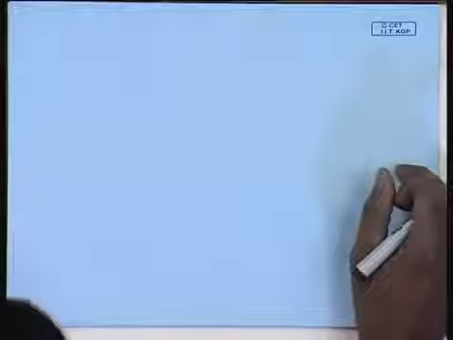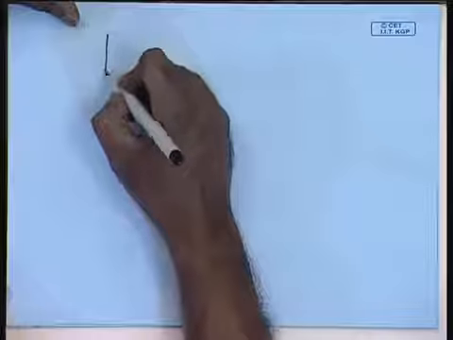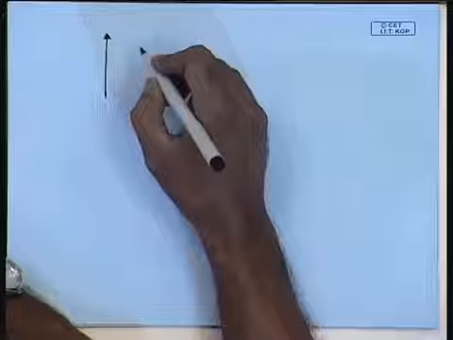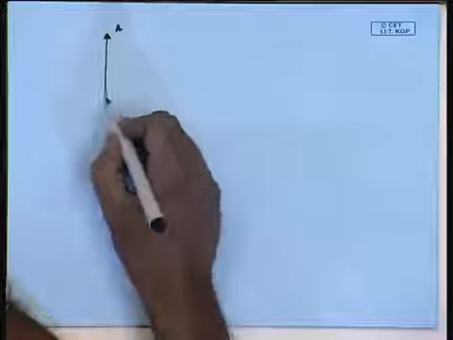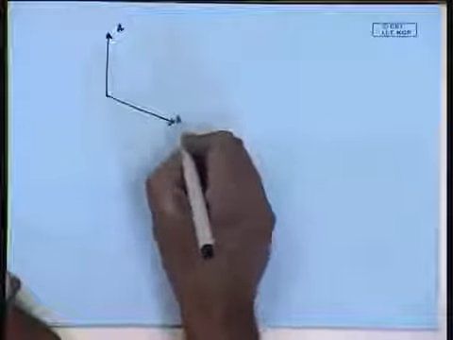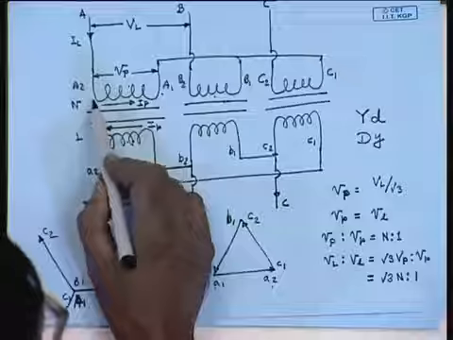So, let us first draw the currents on the primary side, that is the HV side. So, this is, let us say, the phase current IA, which is same as the line current. This is IB and this is IC. Now, this IA is same as the current flowing through from A2 to A1.